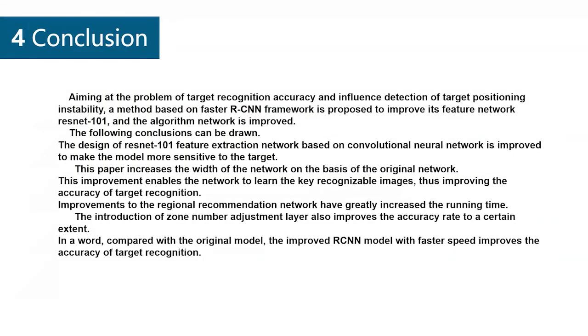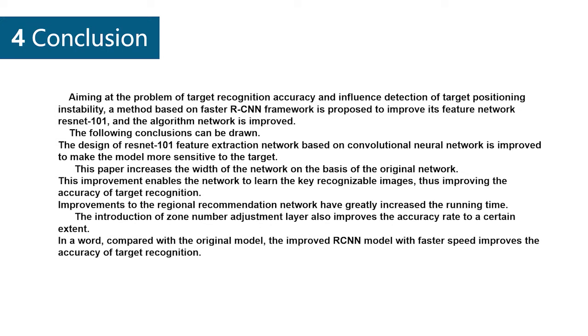Part 6. Conclusion. Aiming at the problem of target recognition accuracy and the influence of detection on target positioning, a method based on the Faster RCNN framework is proposed to improve its feature network ResNet 101, and the algorithm is verified. The following conclusions can be drawn.